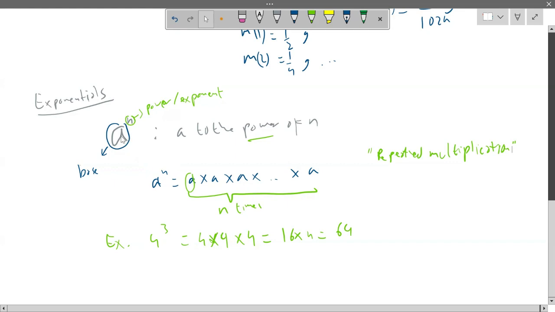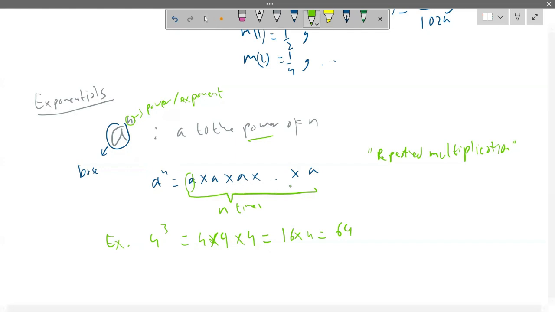All I'm saying is if you have a base a and a number which you want to make the power of a, you can interpret it as a repeated multiplication, but only if n here is a natural number. But nothing says that the power needs to be a natural number.